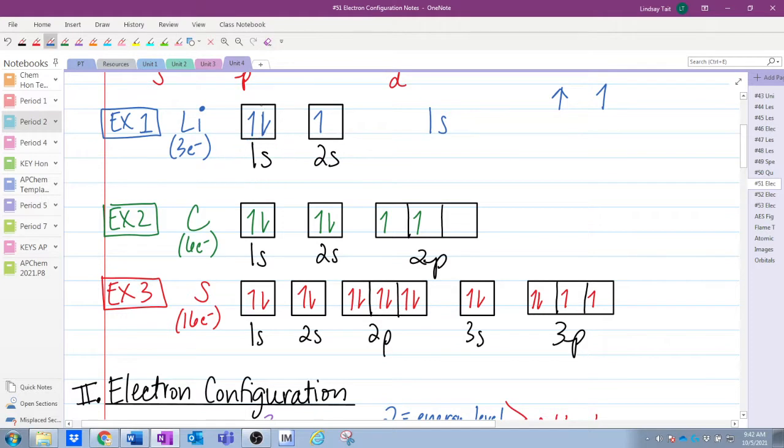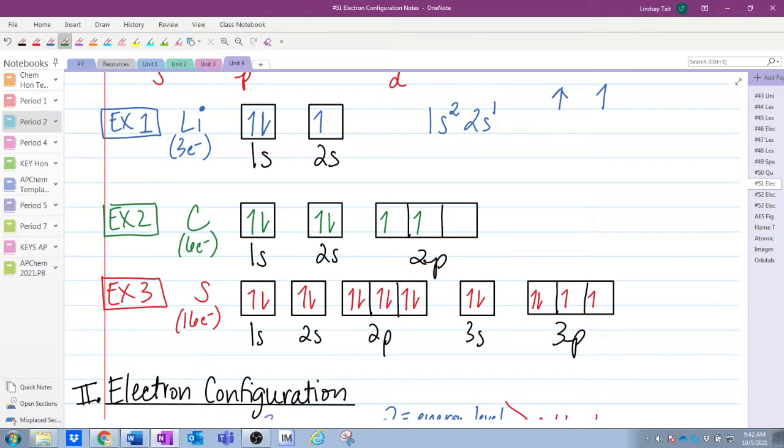And then how many arrows were in that box? 2. I put an exponent 2. And then here, this was the sublevel 2s. And how many arrows were in that box? 1. Just 1, and we have to write the 1. Hey, guess what? That's the electron configuration for lithium. And we read that 1s2, 2s1. We don't say squared or cubed. We just literally read the numbers. That's 1s2, 2s1.